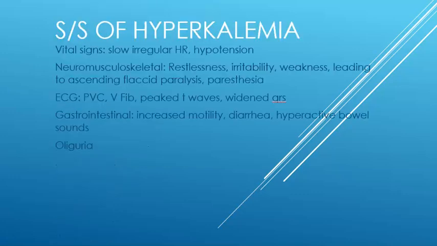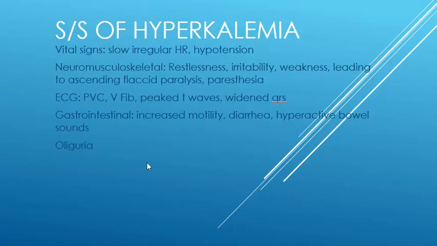Signs and symptoms, you're always going to monitor vital sign trends. They will be hooked up to a monitor so that you can monitor for PVCs, VFib, peaked T waves, and polyuria, sorry, which just means an increased urine output.